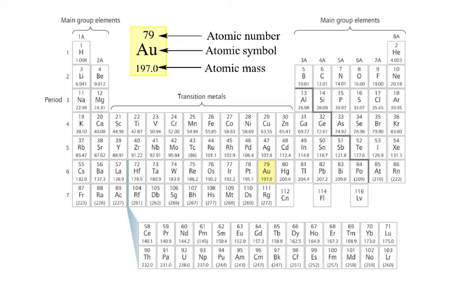Each element with different numbers of protons is assigned an atomic symbol, which would be the letters. So it's either one capital letter, or if it's two letters, it's always capital and lowercase. When we get to writing chemical formulas, talking about molecules, chemical reactions, we'll use these atomic symbols a lot.